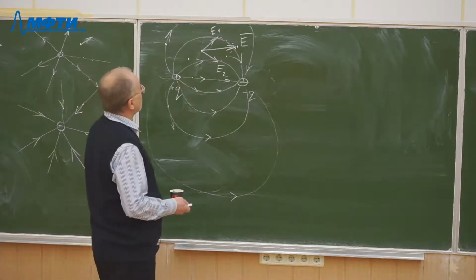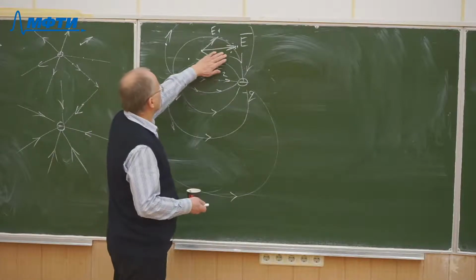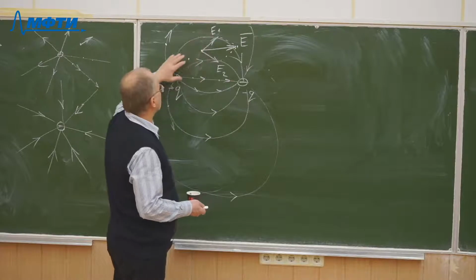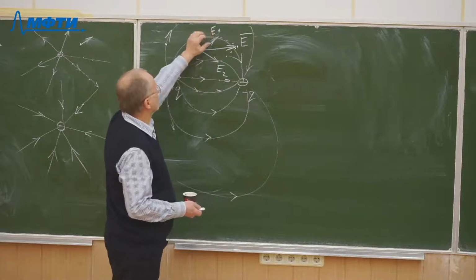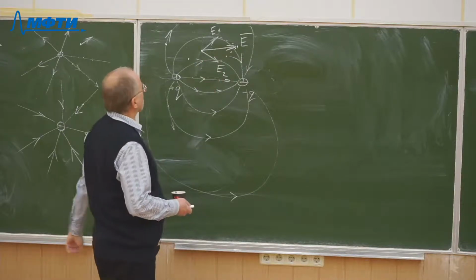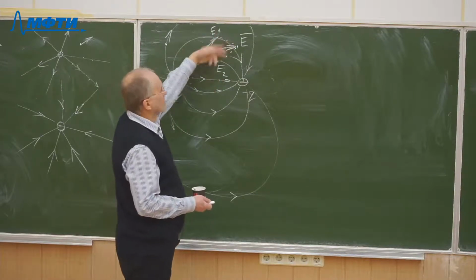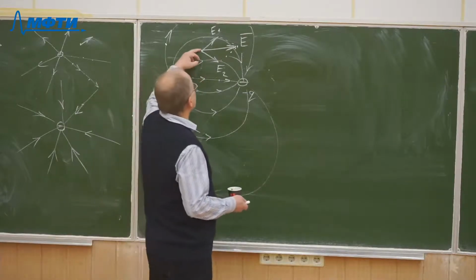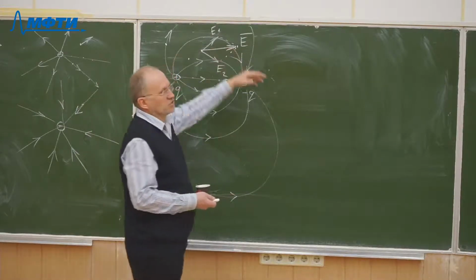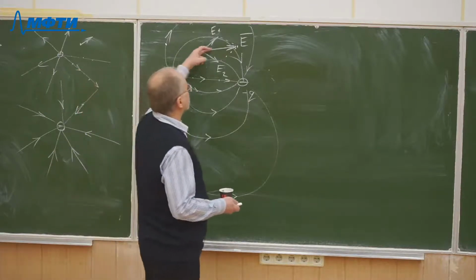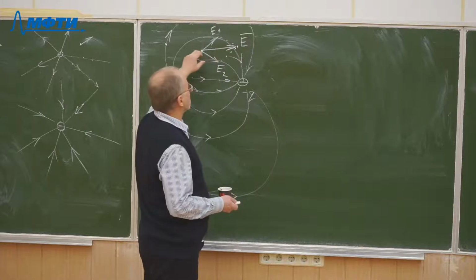the composition of these two fields, because at one moment this field may be close to zero, and there will be only this field, and in another moment this field may be close to zero, and this one will fluctuate to have a larger quantity. So the resultant vector will have no definite direction, and only some average direction, averaged over a long period of time, can be calculated according to classical rules.